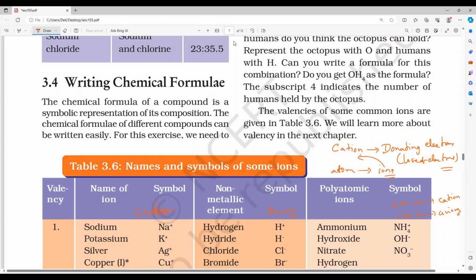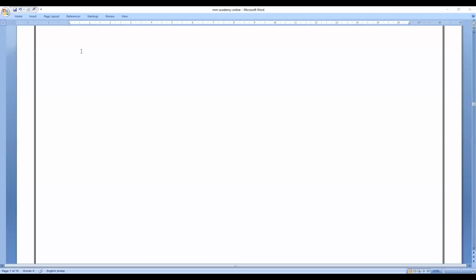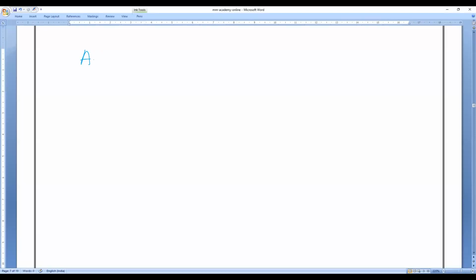I hope everybody can say that. Next, anions. What did we study about anions? Anions will be formed by how? Gain of electrons.